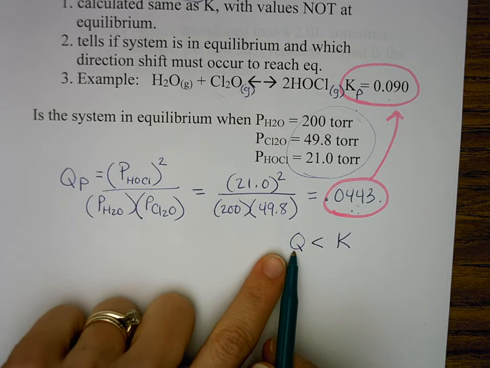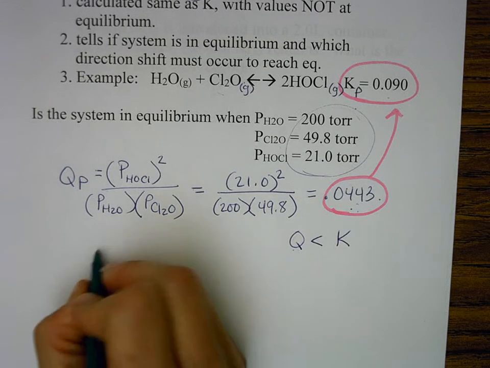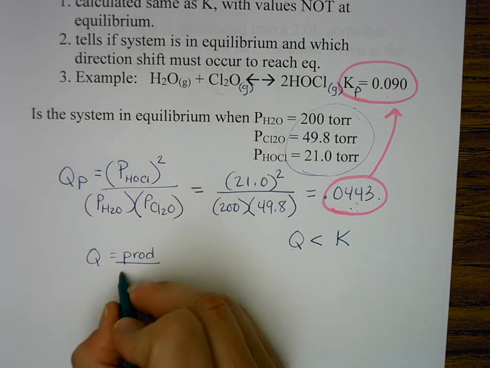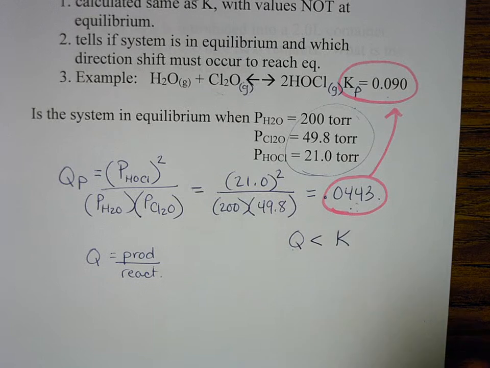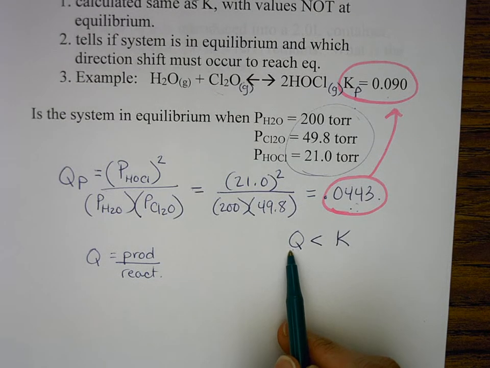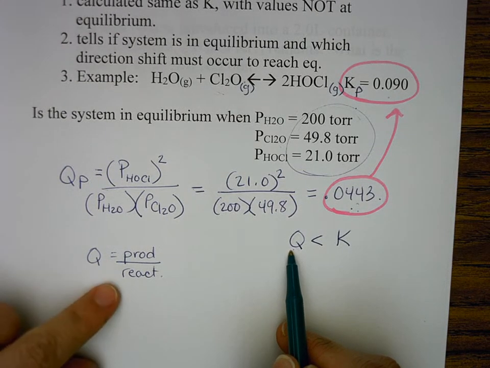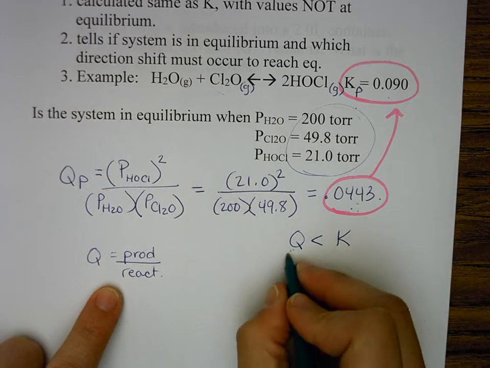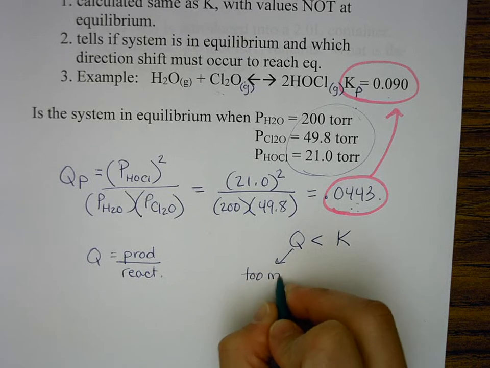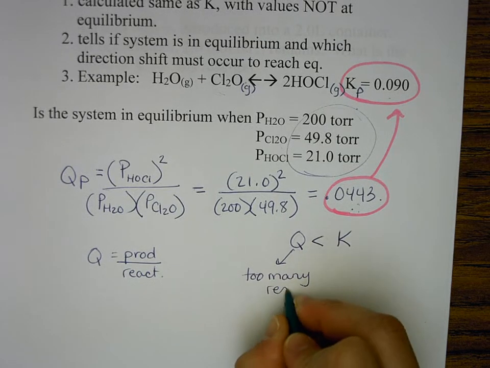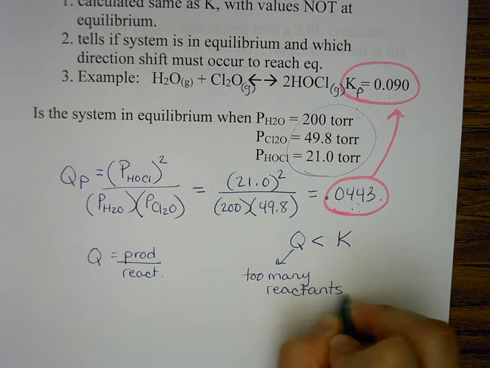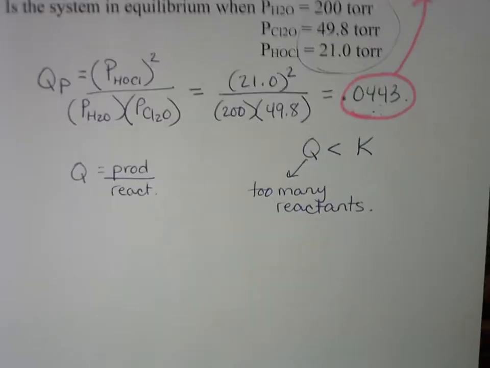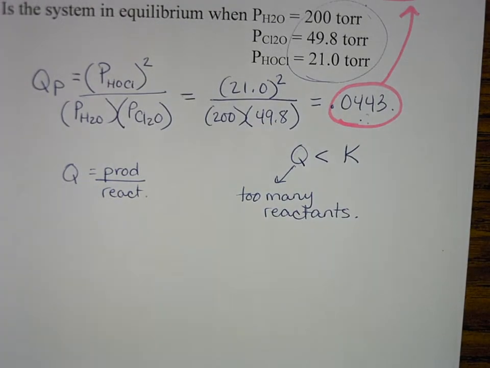If Q is smaller, just think about the general idea of these Q and K values: it's products over reactants. So if Q is a smaller number than K, which did it have more of, products or reactants? More reactants, right? So because Q was smaller, I don't know if "too many" is the right wording, but the idea is that there are more reactants than there should be at equilibrium.